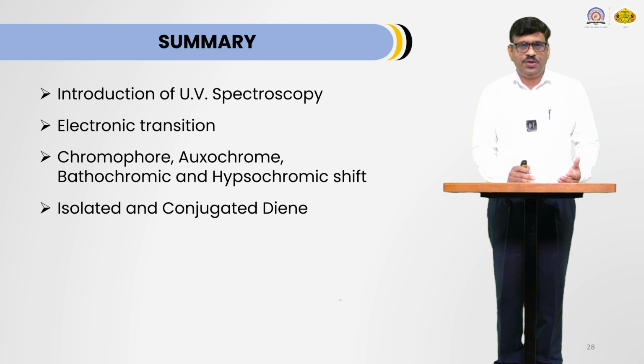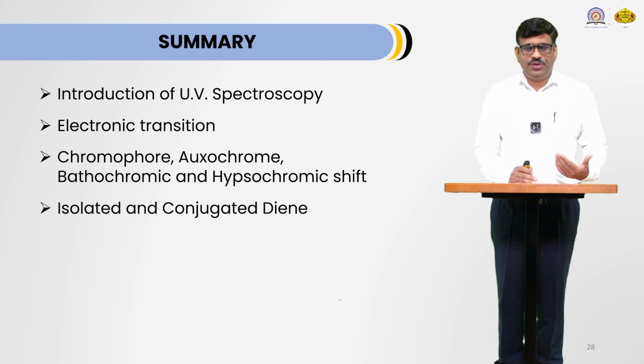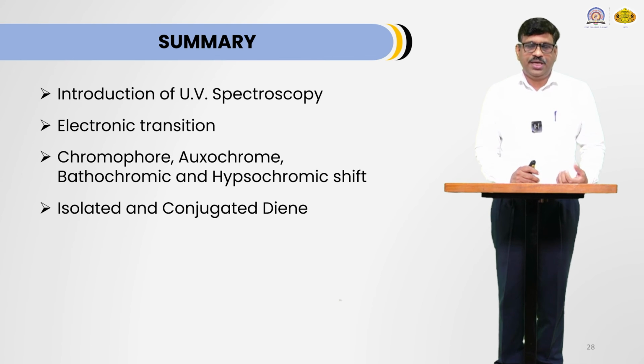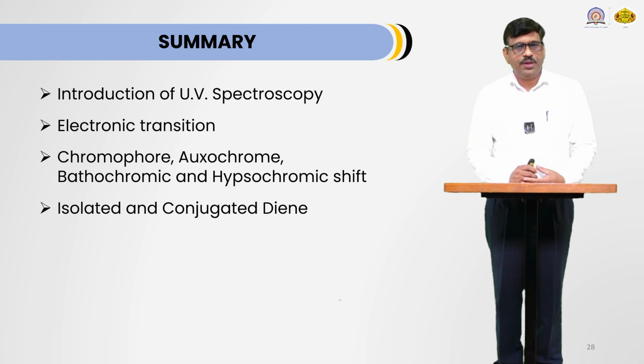If you want to record the spectrum below 200 nanometer, in that case vacuum ultraviolet is used, because atmospheric oxygen, atmospheric nitrogen, and moisture are all present, and these species also show electronic transition below 200 nanometer. For that purpose vacuum ultraviolet is used.